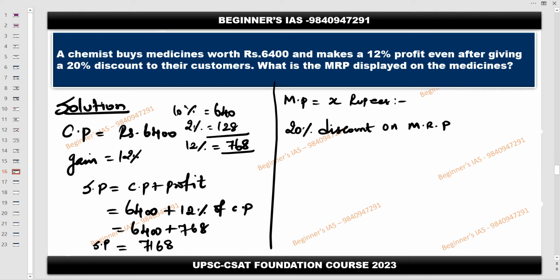Then what is going to be the selling price? The selling price is equal to 80% of MRP, isn't it?